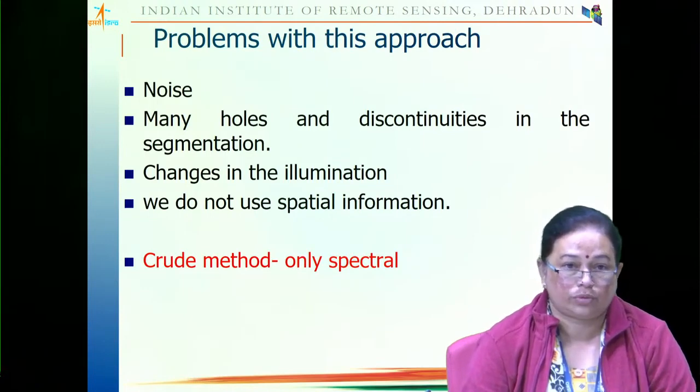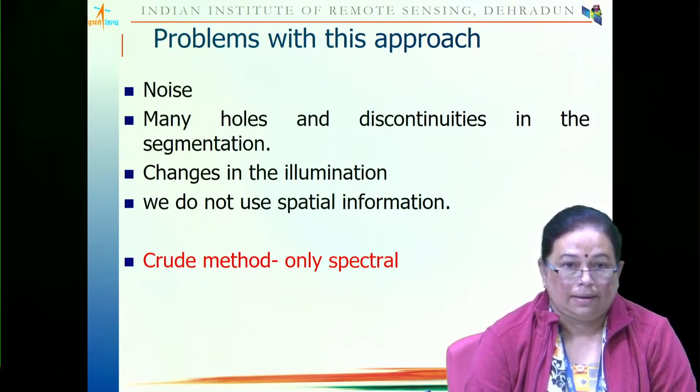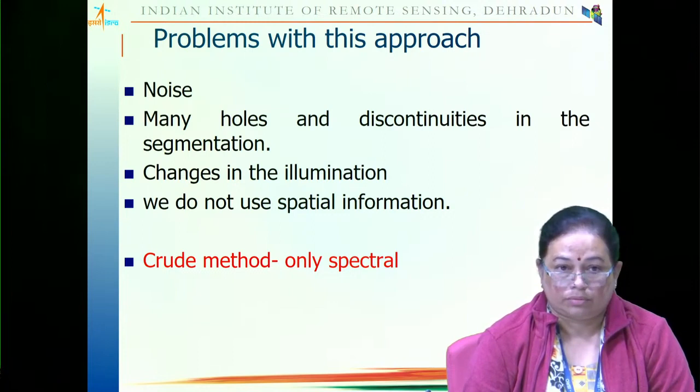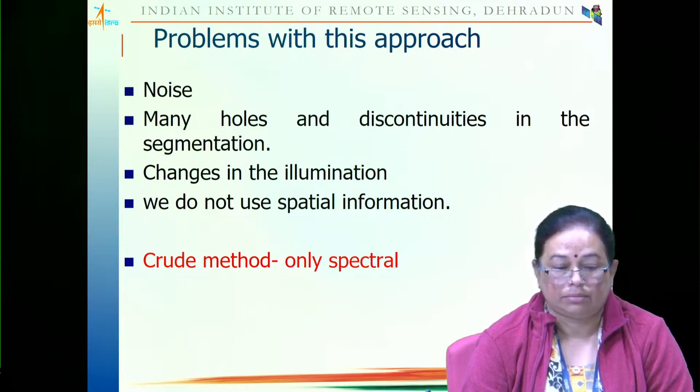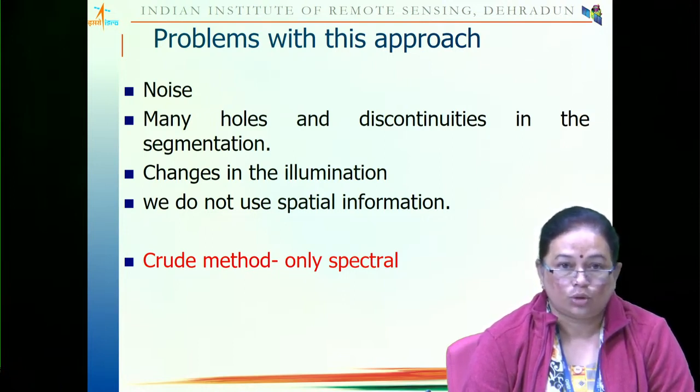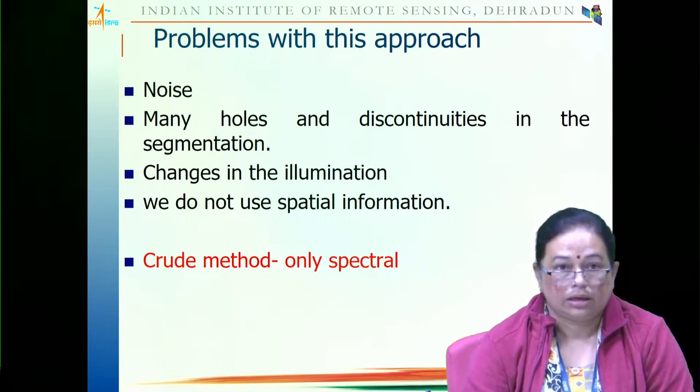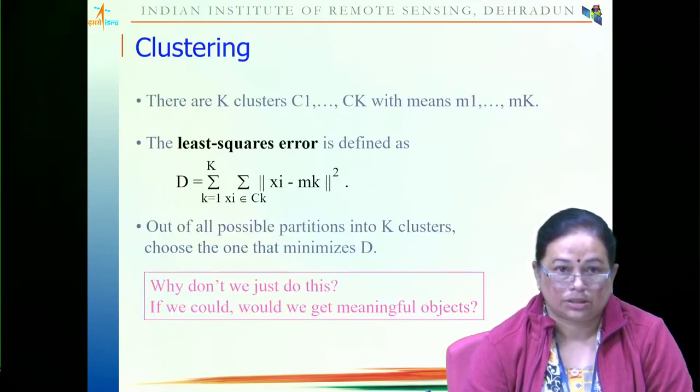Changes in illumination will affect this, and we are not making use of the spatial information. Only the spectral characteristics are being used, and we are crudely classifying, clustering, or segmenting the image based on these thresholds.